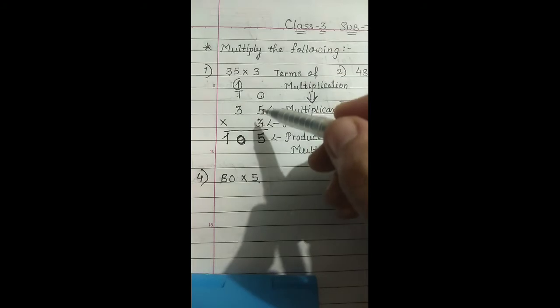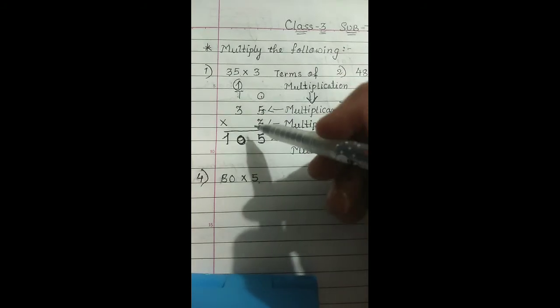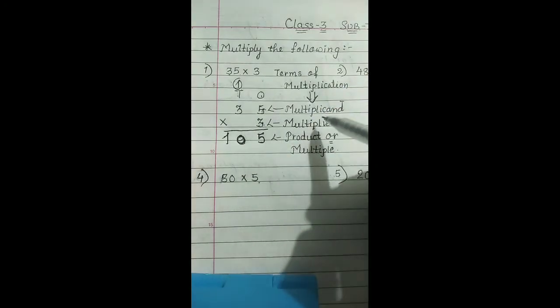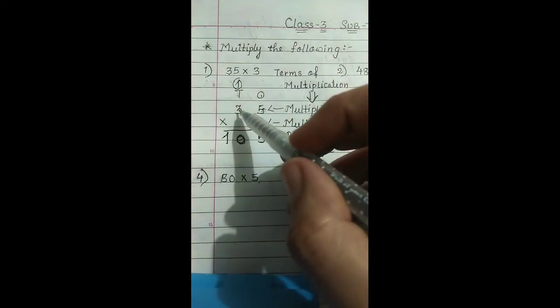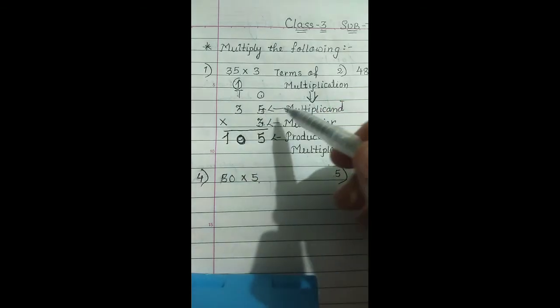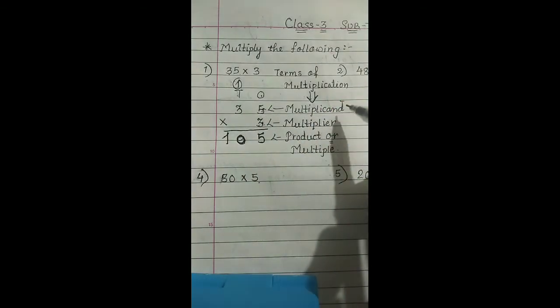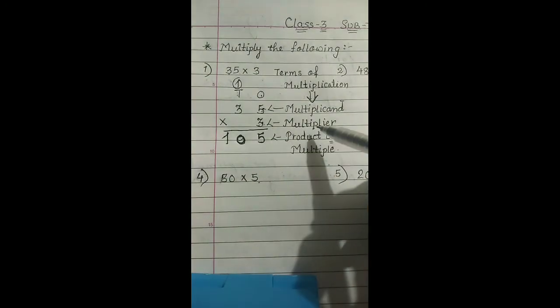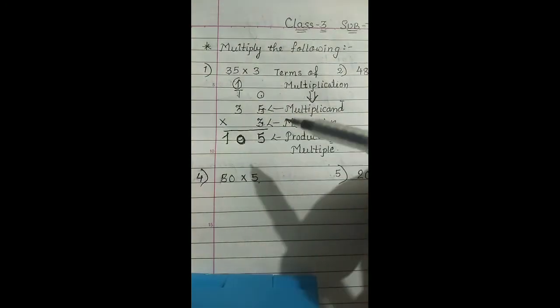Okay, now let's do the multiplication. Before then I have to teach you the terms of multiplication. Here this number 35 is known as multiplicand, and 3 is known as multiplier because 35 is going to multiply with 3.